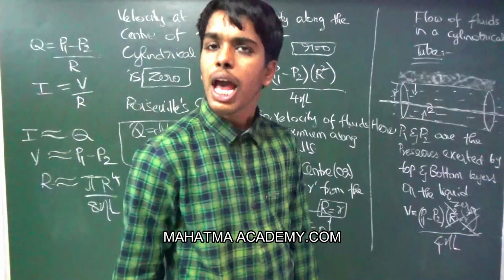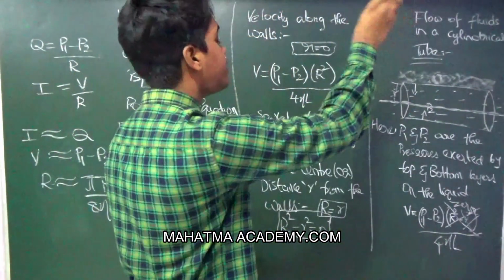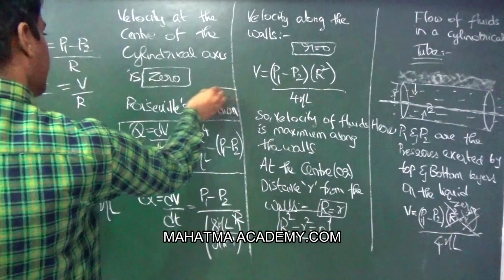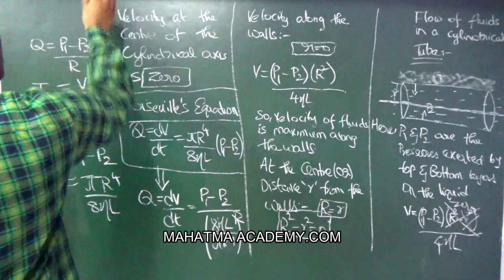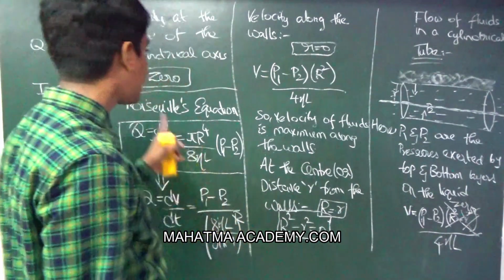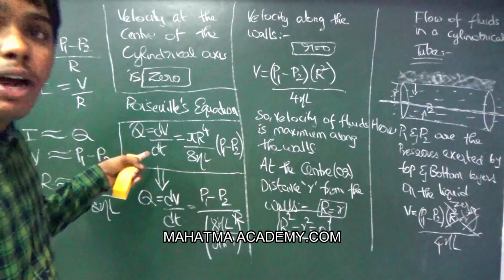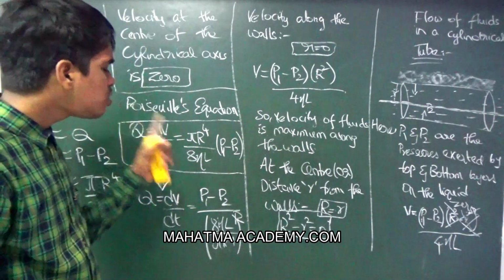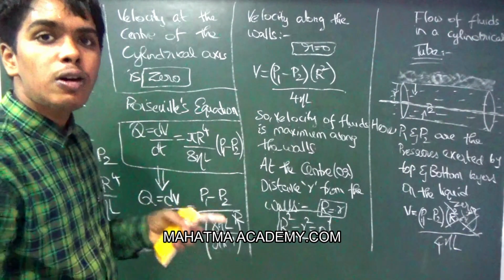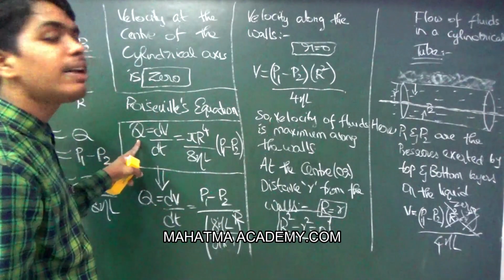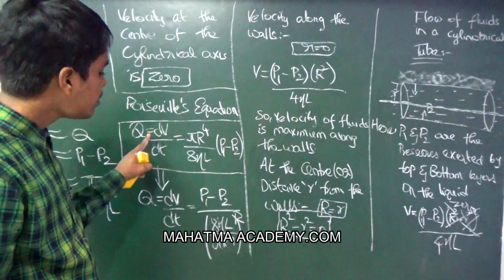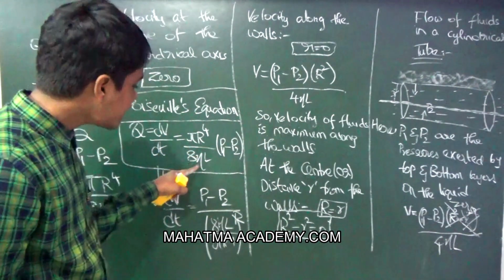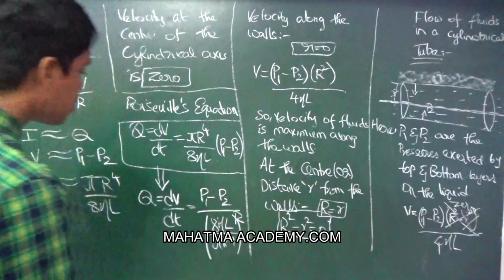Okay, now we have completed the flow of liquids in a cylindrical tube and Poiseuille's equation. Now I will explain Poiseuille's equation again. It is used to find out the volume flow rate. It is also equal to Q. Q is equal to dV by dt is equal to pi r to the power of 4 upon 8 eta L into P1 minus P2.